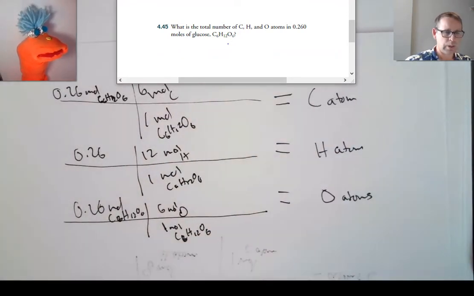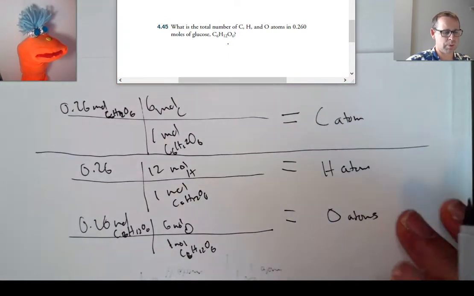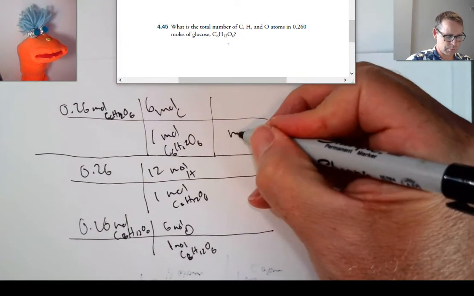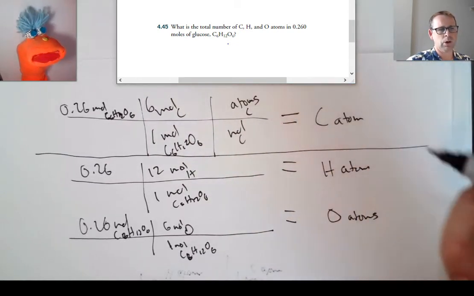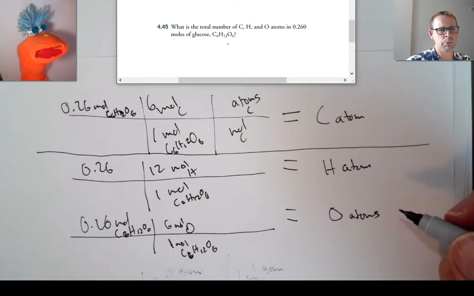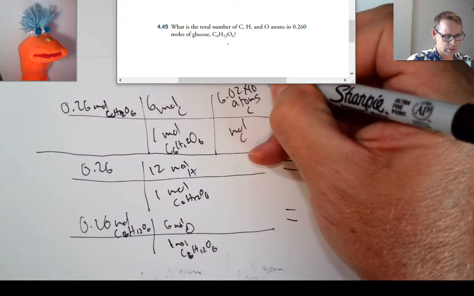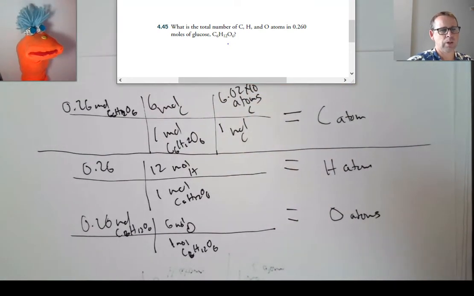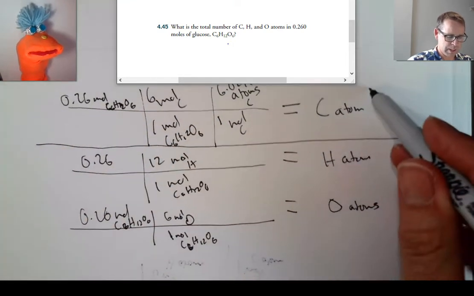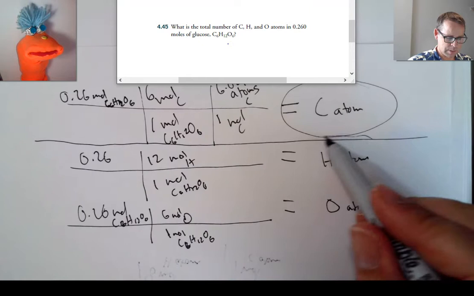C6H12O6. All right. Let's focus on the top one here, finish it up. If I want to go from moles of carbon to atoms of carbon, I need to use what number? That Avogadro's number. Very good. 6.02 times 10 to the 23rd. Very good. For every mole. Okay, so that tells me how many atoms of carbon. All right. And then the same thing here.